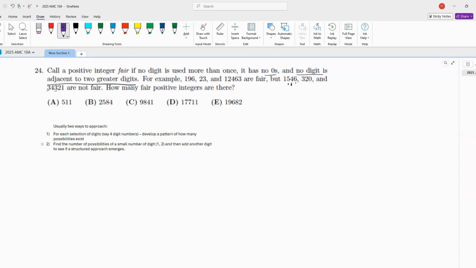Let's say we start with 2-digit numbers. We figure out how many possibilities exist, call the number xy, and then we try to add a third digit, call it z, and see if there's a certain pattern that emerges upon adding a digit.